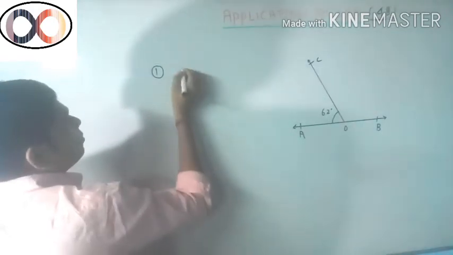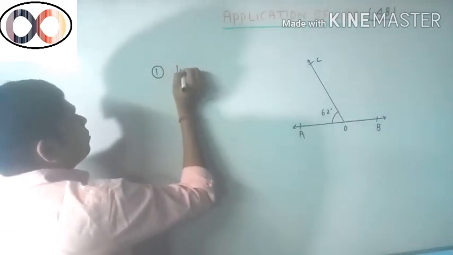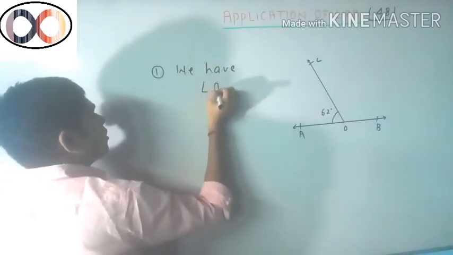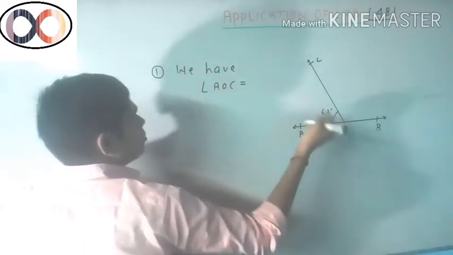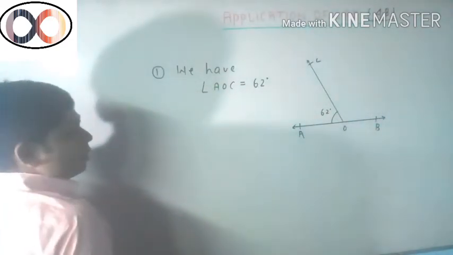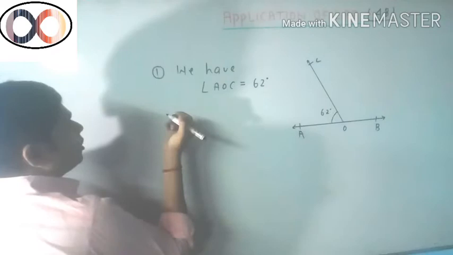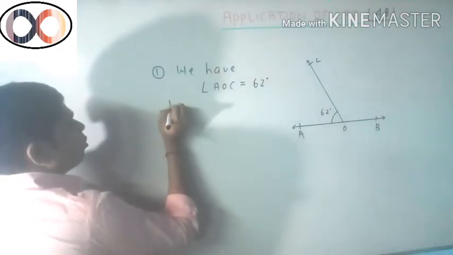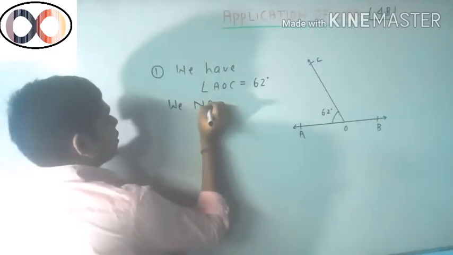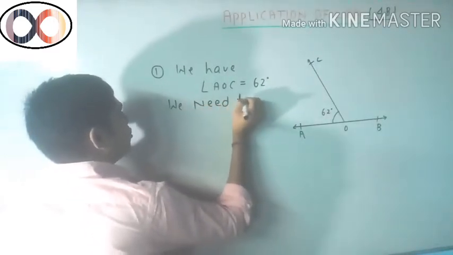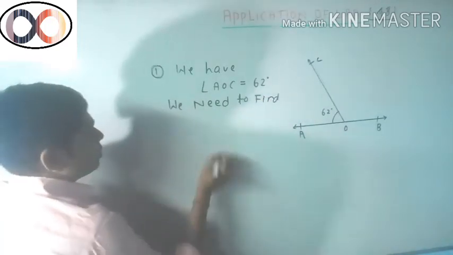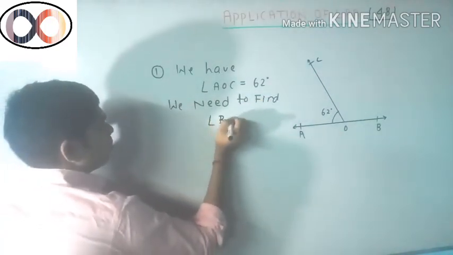Angle AOC equals 62 degrees. We need to find angle BOC.